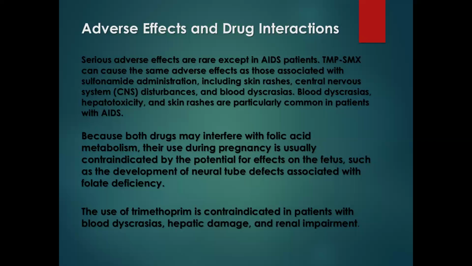Because both trimethoprim, Septrin, and all sulfonamide-based drugs interfere with folic acid metabolism, their use during pregnancy is contraindicated. That is, it is not advised to use them when there is pregnancy. So you can't use them when a woman is pregnant, because it can lead to the development of what is known as neural tube defect.